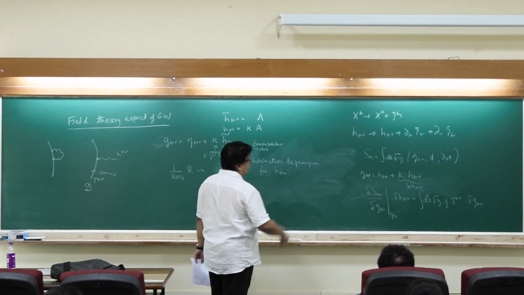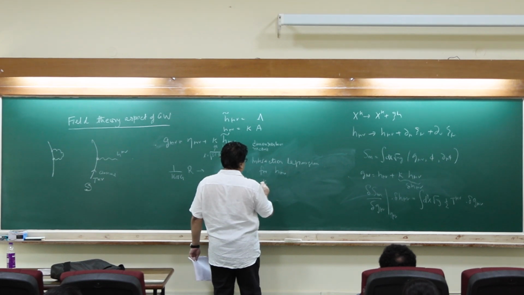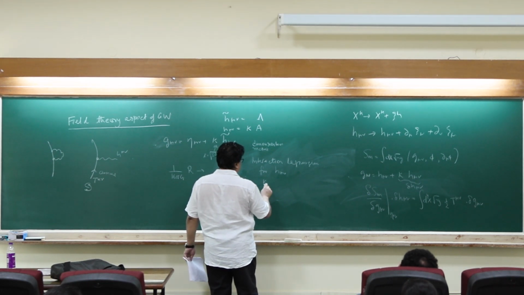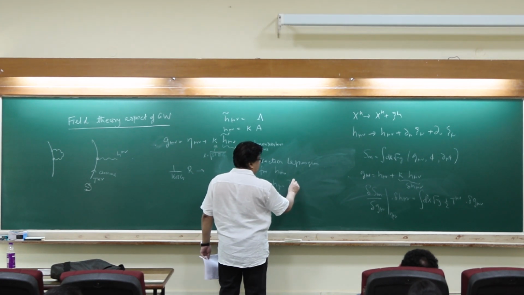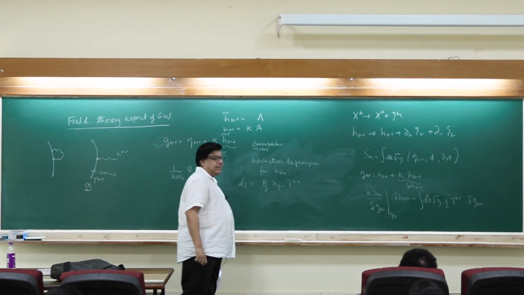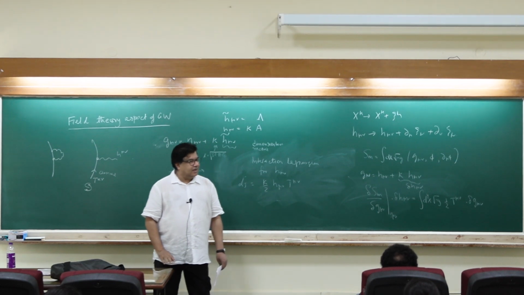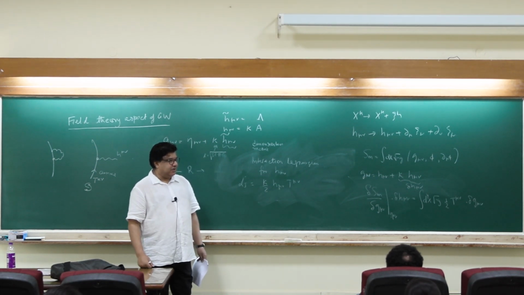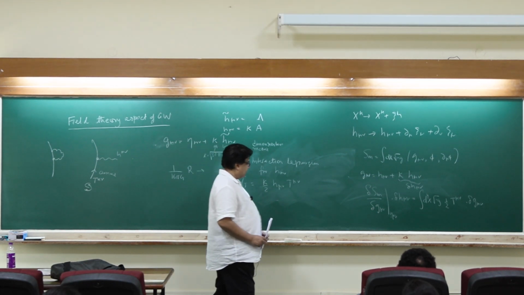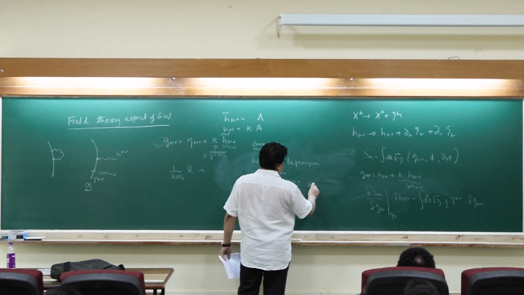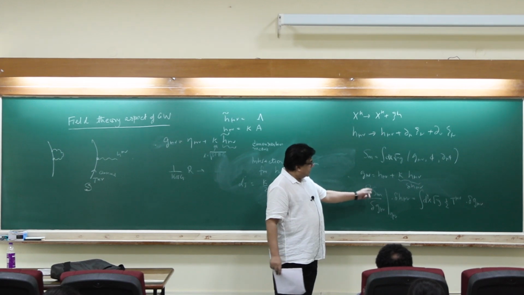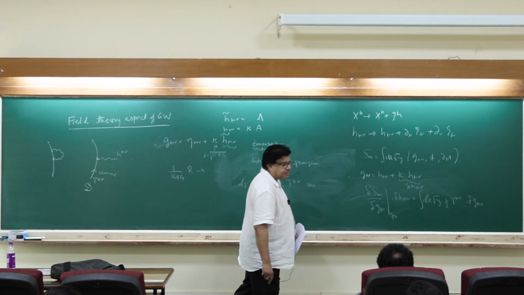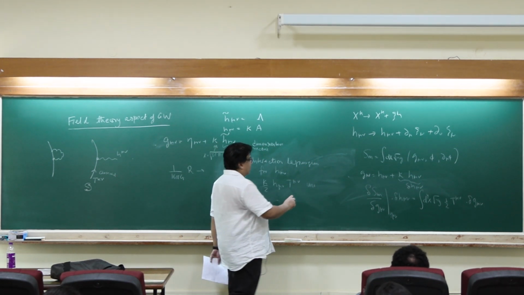If you write G mu nu as kappa h mu nu, it will be kappa by 2. Okay, and this is no matter what type of matter there is. So this is universal, because you are taking the functional derivative of the action, and that's always the stress tensor. So this is universal for all matter.